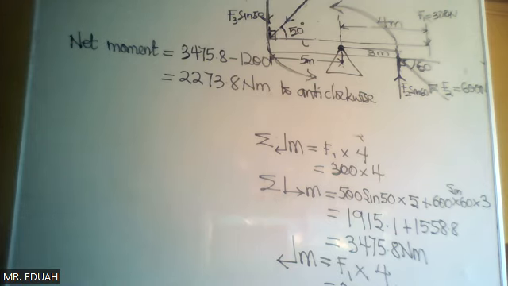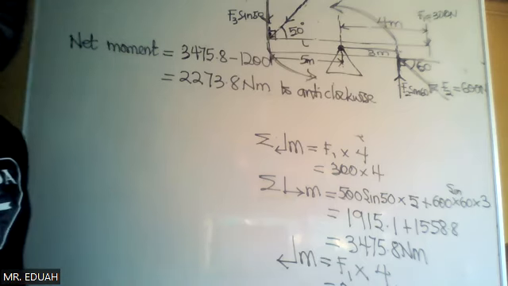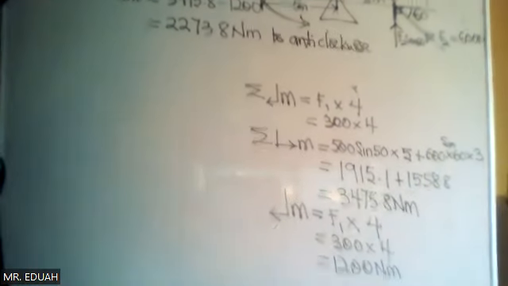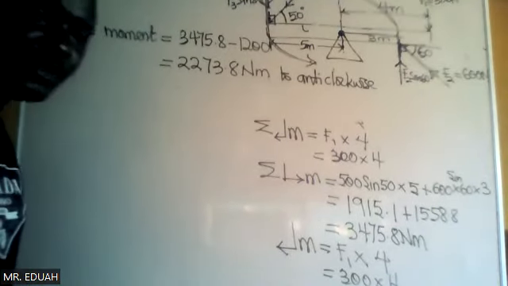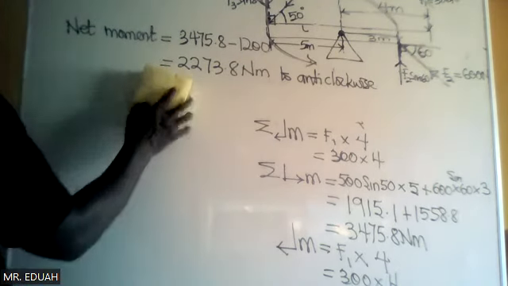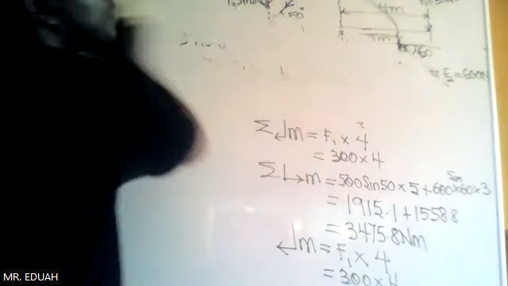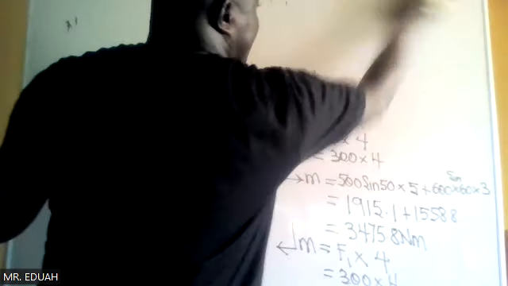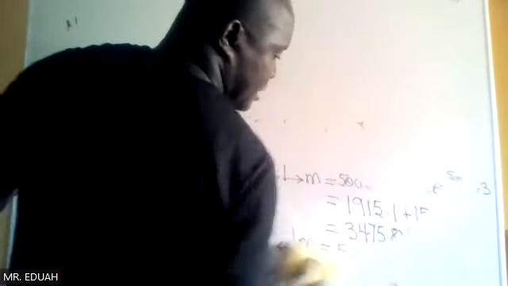Sometimes we can have two pivots, two supports. Are you done writing? Okay. Sometimes we can have two pivots, and how do we go about such a situation? Example: I have a bar.